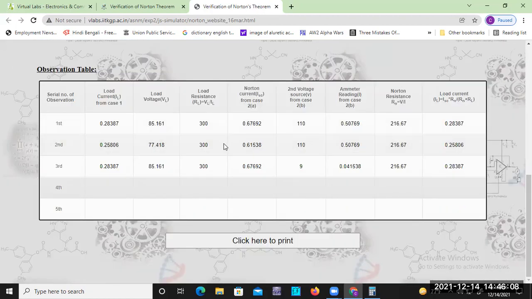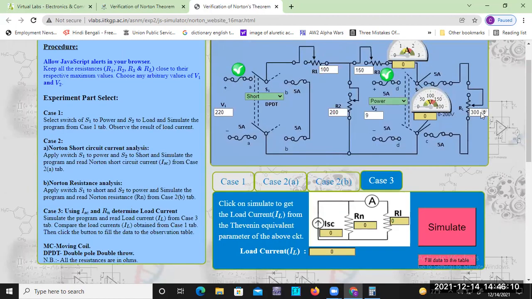Once again, I need to change this load resistance. If I increase this load resistance, what happens? Is there any violation of this Norton theorem? We have to see. Look, I just change it up to 500 ohm.